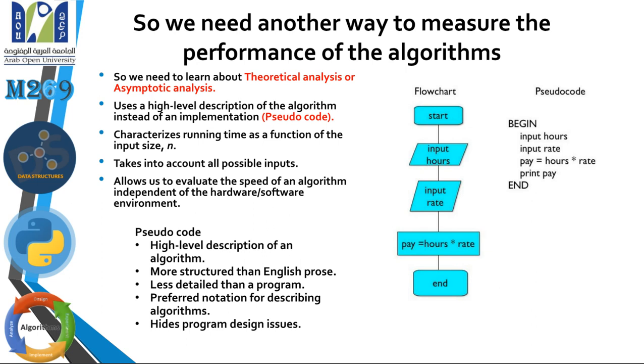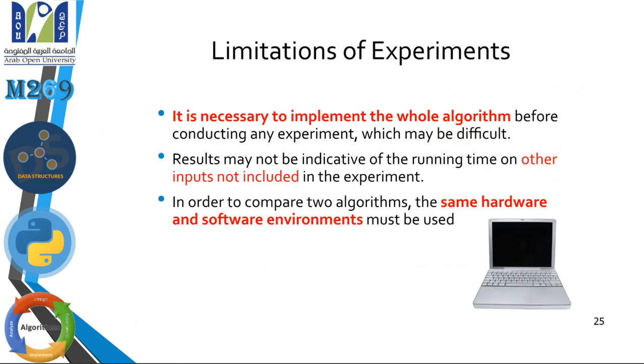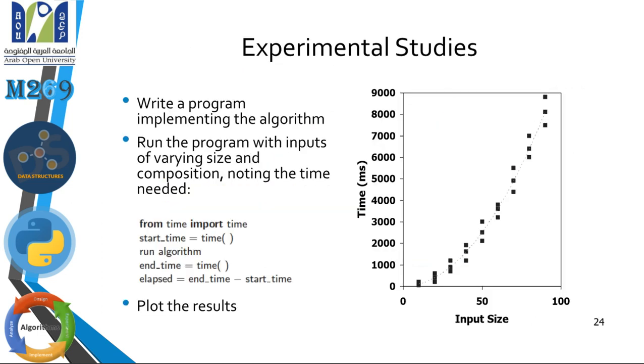So we started in the previous class. I would like to go back one slide. We talked about how to examine and analyze the performance of algorithms, and we said that we cannot rely on the time analysis because the time may vary from one machine to another.